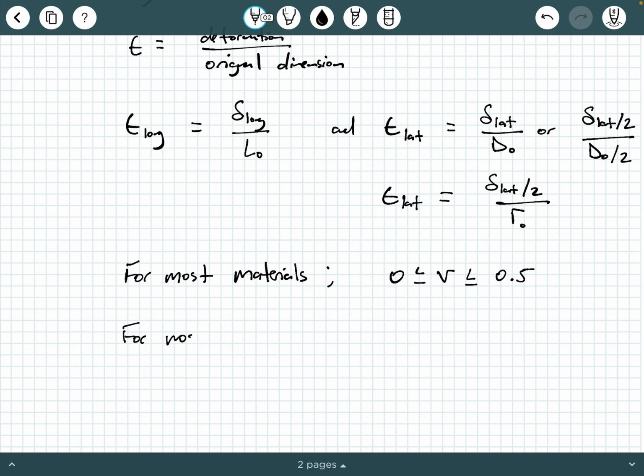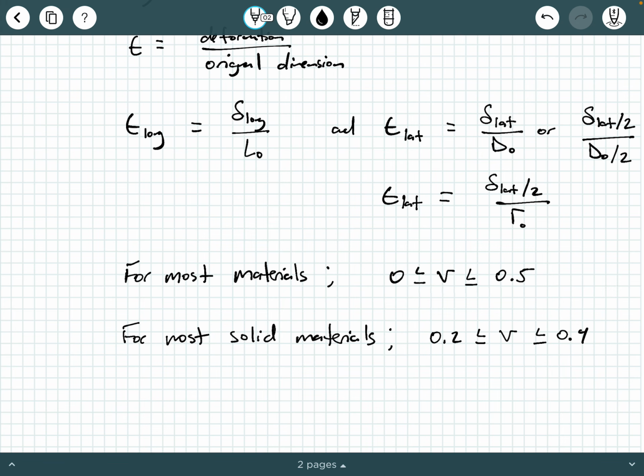For most solid materials, we have Poisson ratios that are between 0.2 and 0.4.